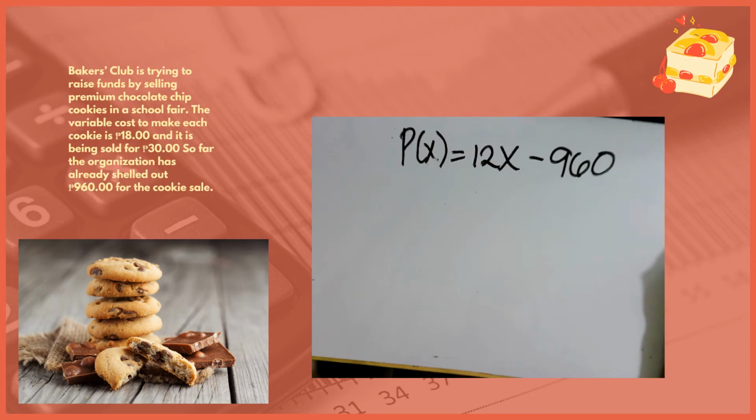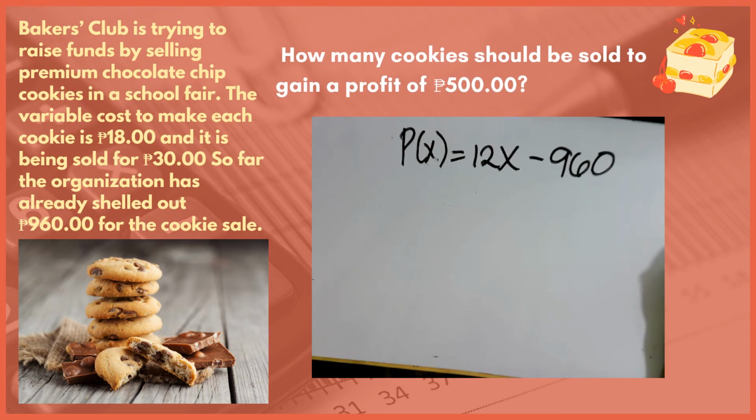Next question. How many cookies should be sold to gain a profit of 500 pesos? So, kung halimbawa may target ka lang, maka 500 ka lang na kinita, okay ka na. At least ilan ang cookies na dapat maibenta mo upang kumita ng 500 pesos.